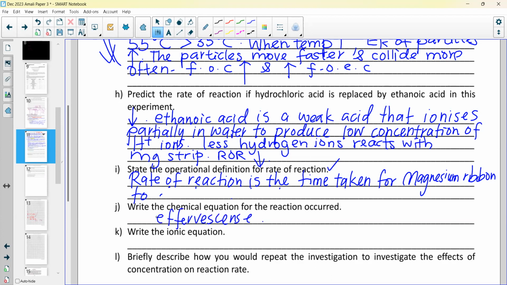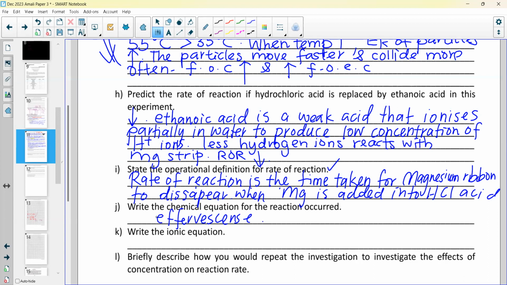Okay, I give you my answer. Rate of reactions is the time taken for the magnesium to dissolve, or to disappear, when magnesium is added into hydrochloric acid. Whatever Jackson mentioned works too: rate of reactions is the time taken for the effervescence to stop and the magnesium ribbon to disappear when magnesium is added into HCl.